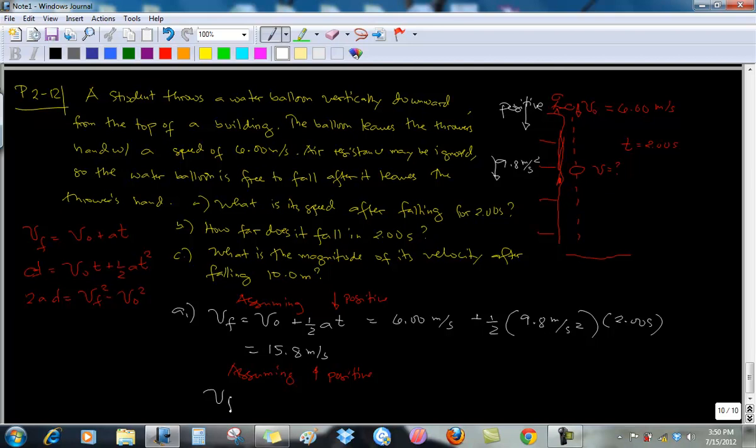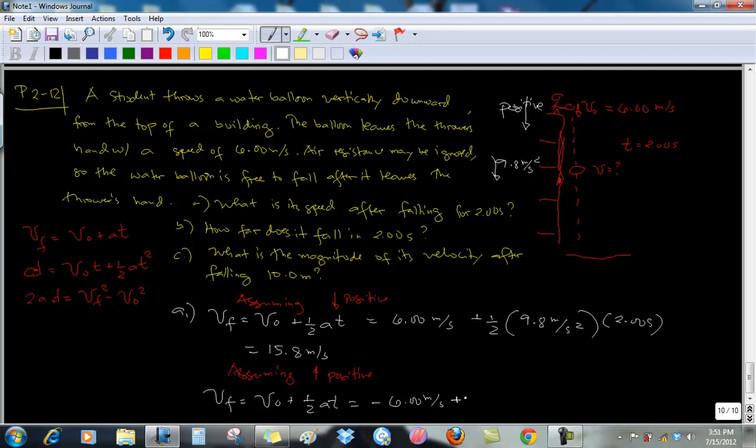So, V final will still be V0 plus 1/2 at. But in this case, since your V0 is downward, it will be negative 6.00 meters per second. Why negative? Because the velocity is downward.